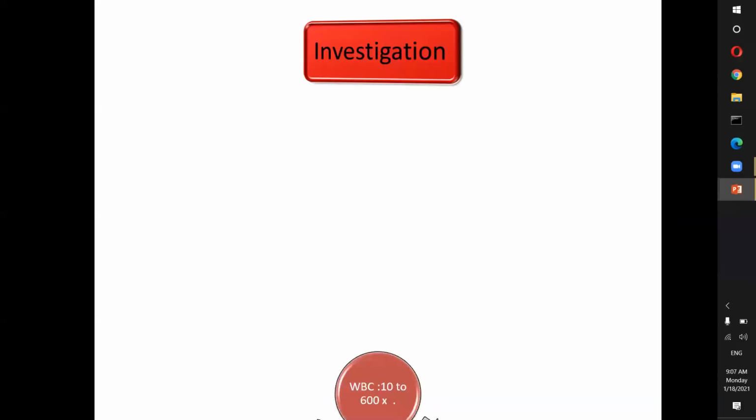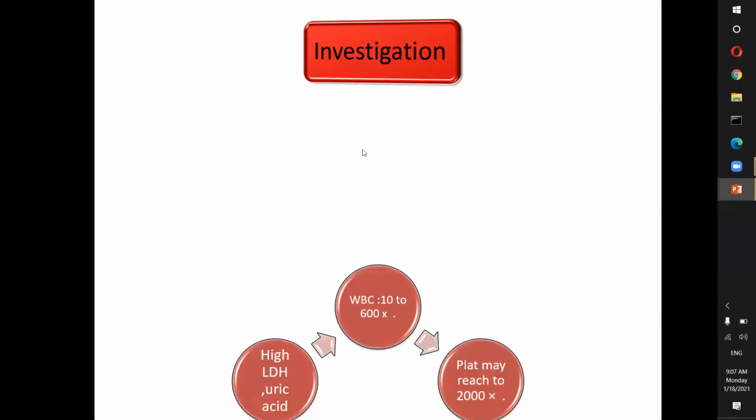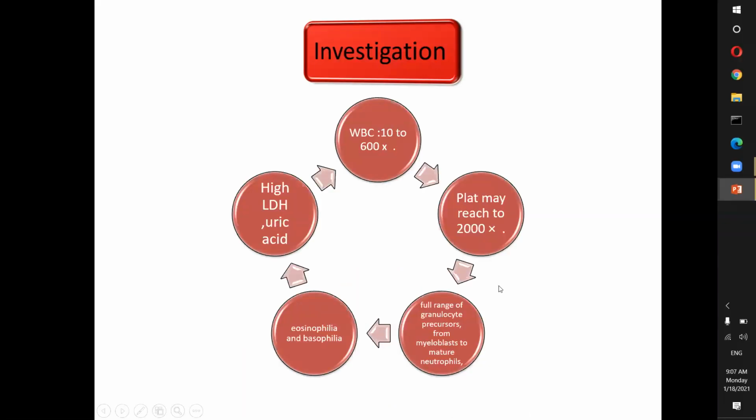Investigation: we usually have the full range of granulocytic precursors from myeloblast to mature neutrophil, as the previous slide showed, the whole spectrum of white BC, which may be associated with eosinophilia and basophilia.